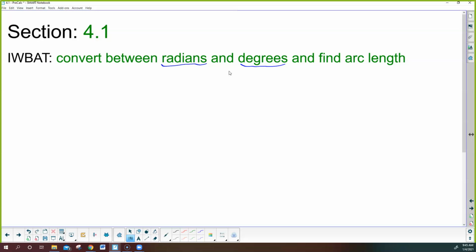Really, they're just different ways to measure the size of an angle. And then the other part is something called arc length. You might remember arc length from geometry. We learned how to find arc length in geometry, but now that we know what radians are, arc length is a very fast calculation because of what we know about radians. So that's why this fits in with the lesson today.